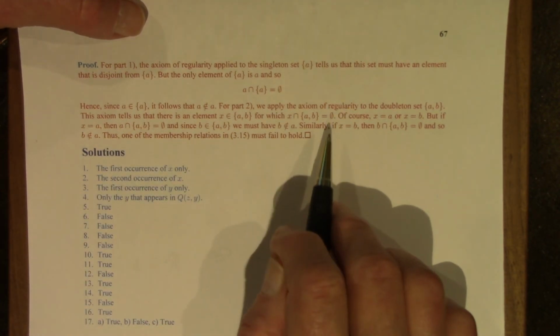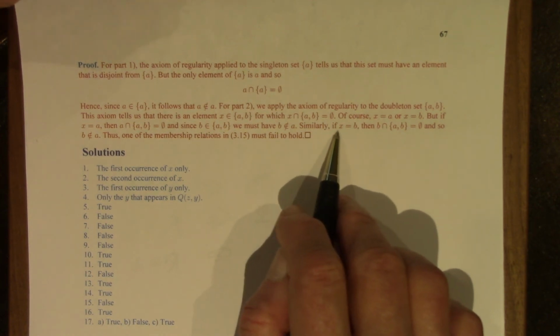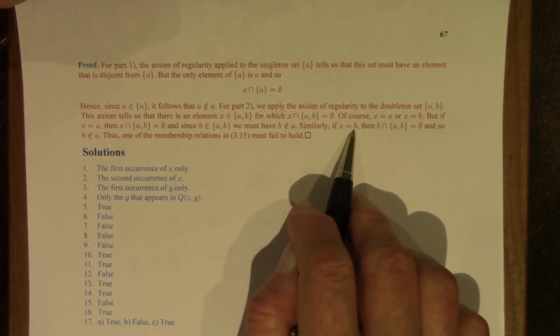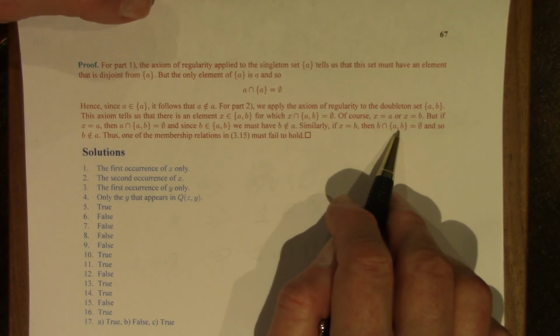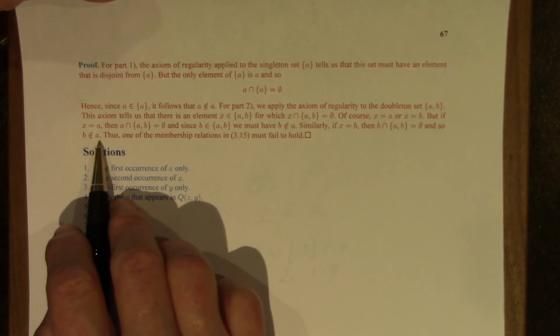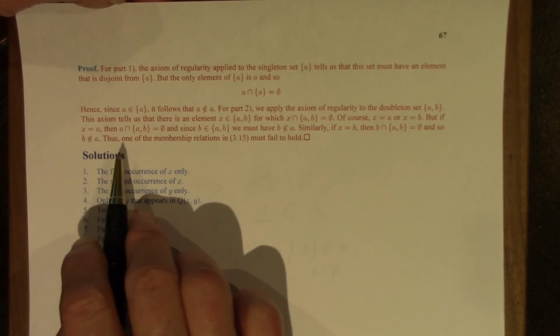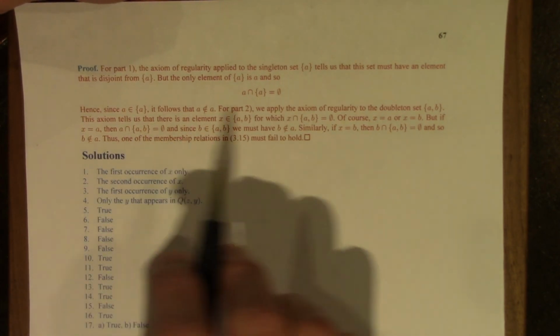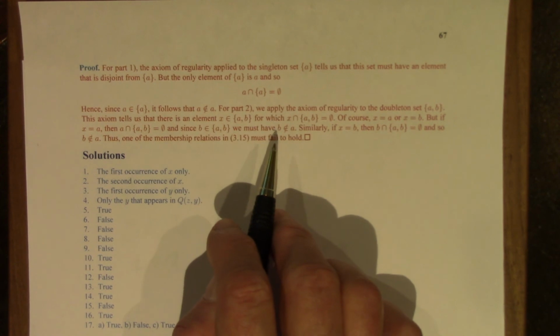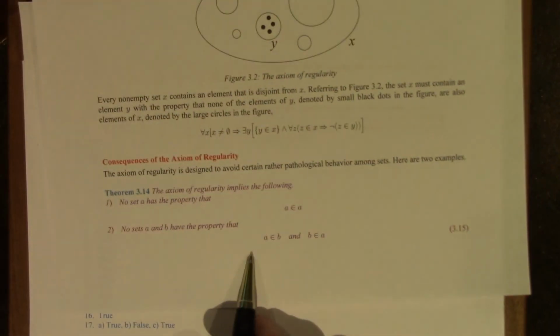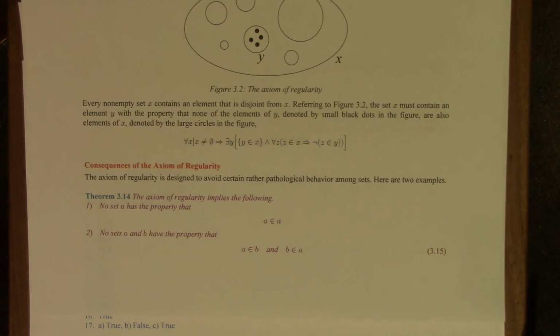On the other hand, in a similar way, if X equals B, then these two sets are disjoint, and so B does not belong to A. So one of the two membership relations, A and B, B and A, one of them's always got to be false.